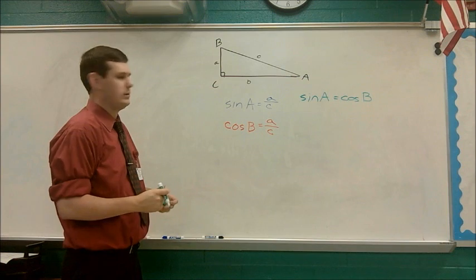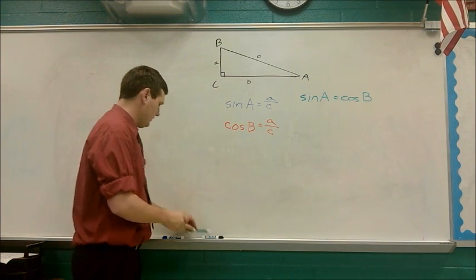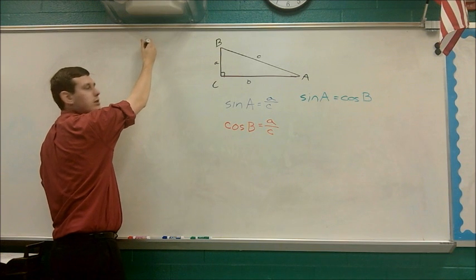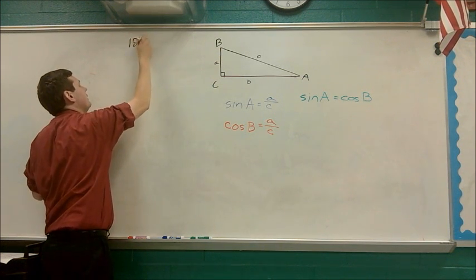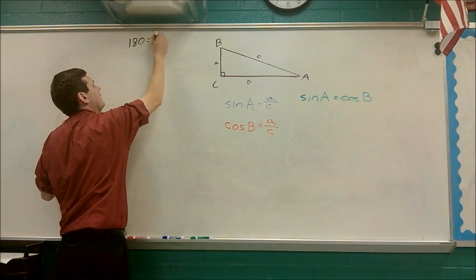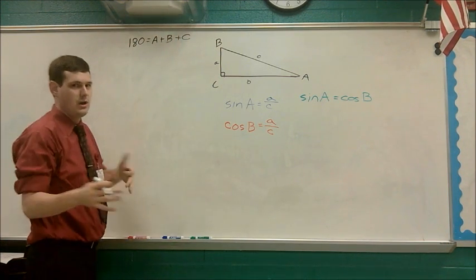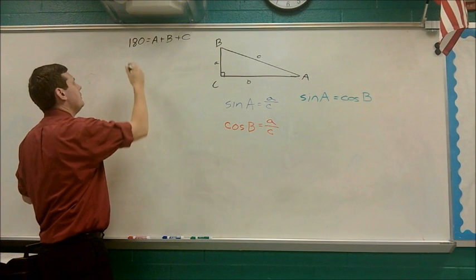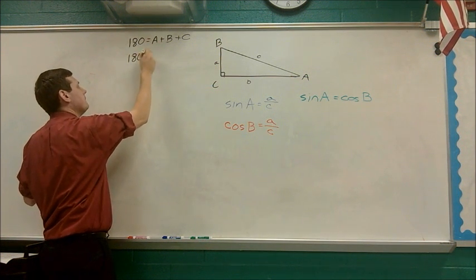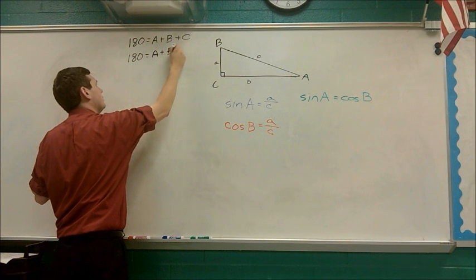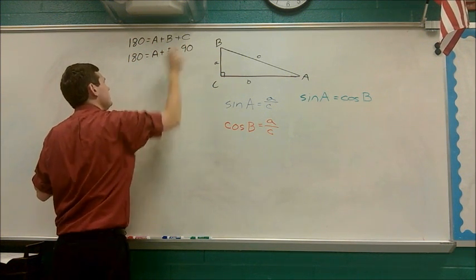Let's find out what else we know about A and B. Here's what I know: 180 is A plus B plus C, because it's a triangle, and that's true for any triangle. But let's go further. 180 is equal to A plus B plus C, and C is 90.